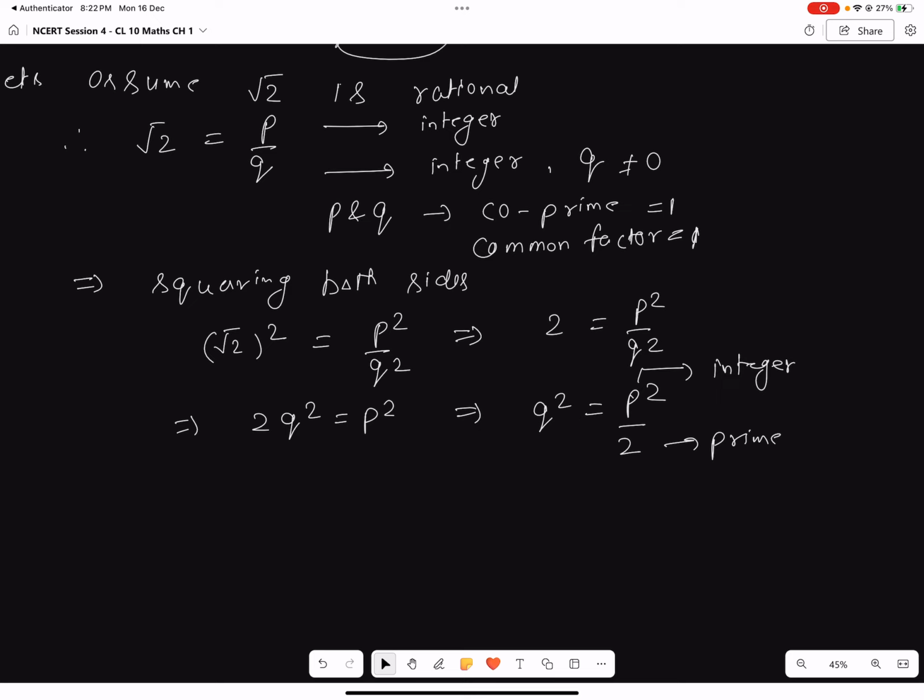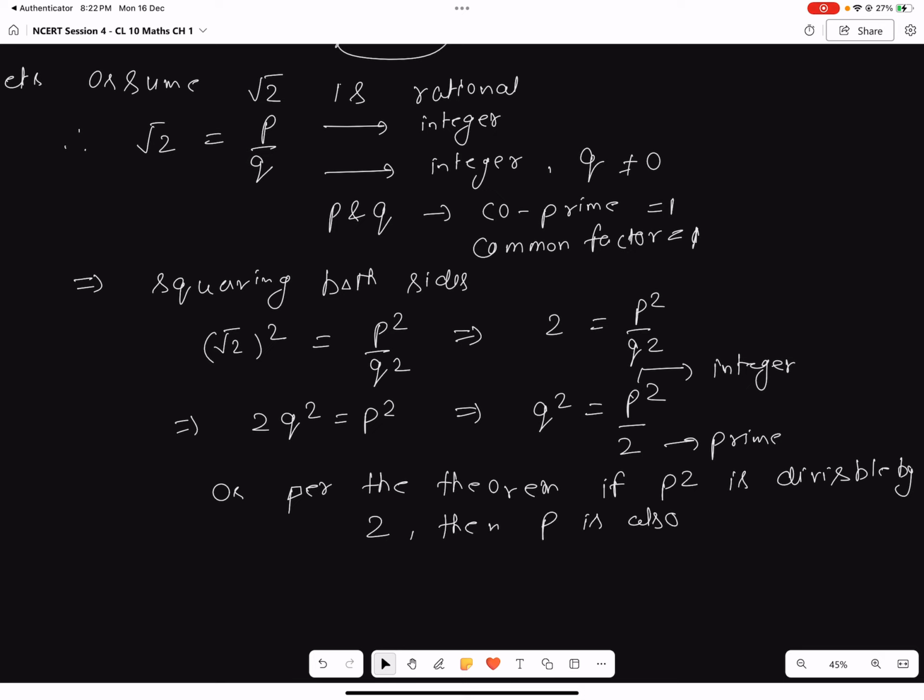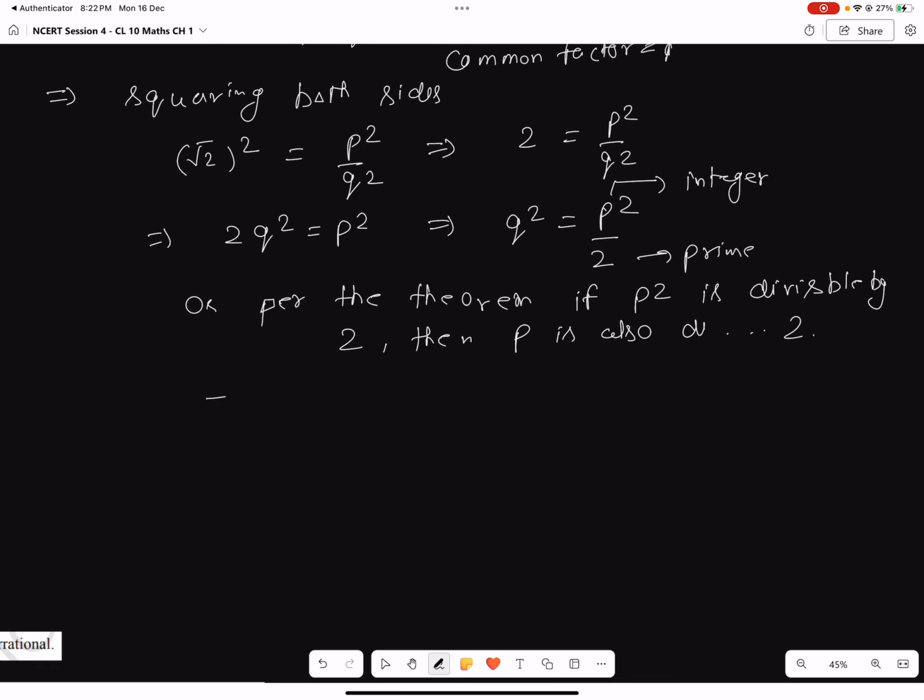So what we can say here, as per the theorem, if p square is divisible by 2, then p is also divisible by 2, and hence that means 2 is a factor of p.